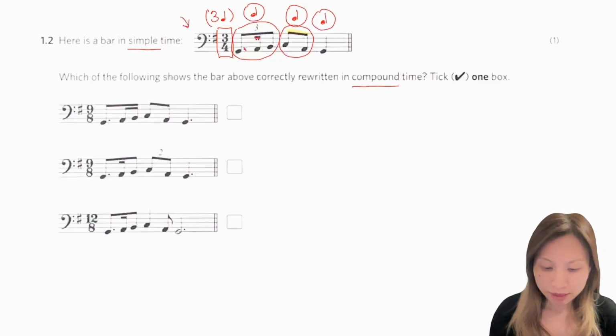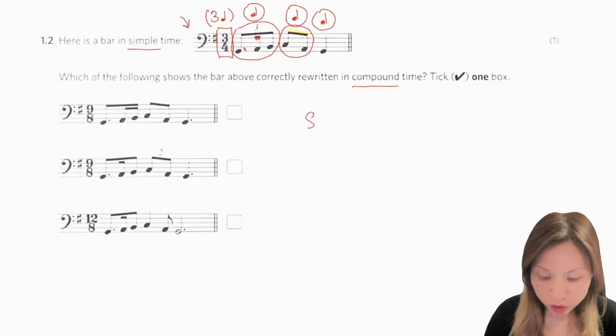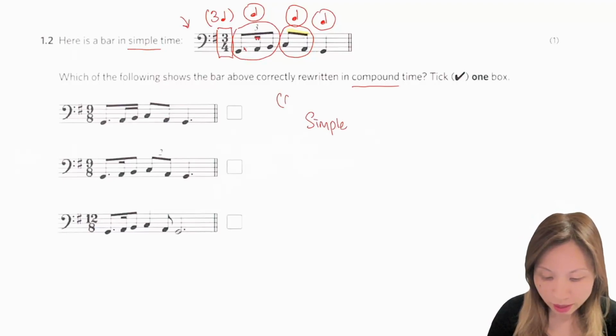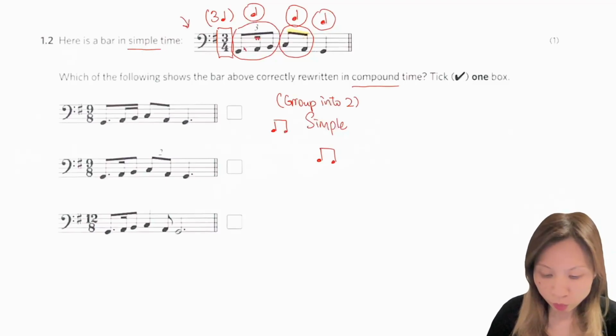Now, when you rewrite it from simple time to compound time or vice versa, what do you need to do? You have to think about the grouping and the main beat of simple time and compound time. So in simple time, beats group into 2 like this, for example, or I can draw it here, which means the main beat would be a crotchet here.